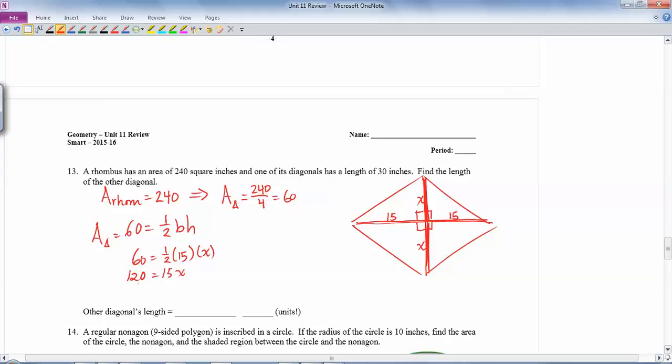If I divide both sides by 15, I get 8 equals x. And I really want 2x. So the diagonal is 2x, which is 16. And it would have to be in inches, so it's going to be 16 inches. Okay, so I hope that makes sense.